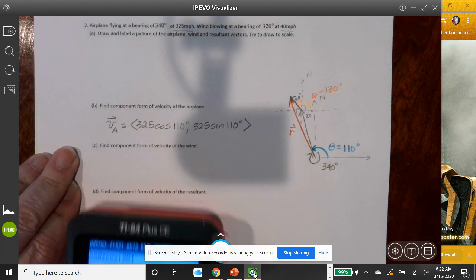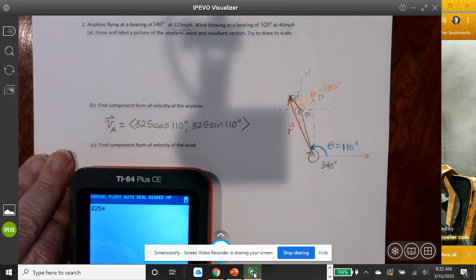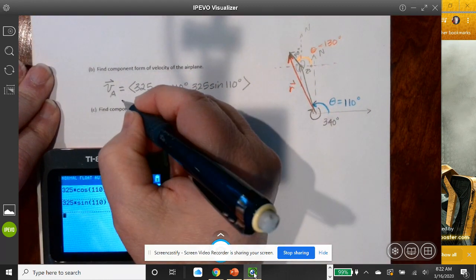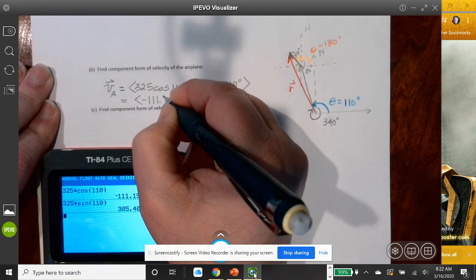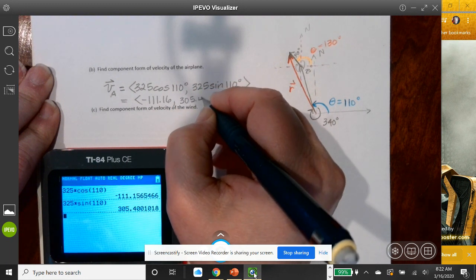And let's put that in the calculator here. We can say 325 times the cosine of 110, and we have to be in degree mode here, and then 325 times the sine of 110. And so does everybody see that the approximate value is negative 111.16, comma, 305.40.